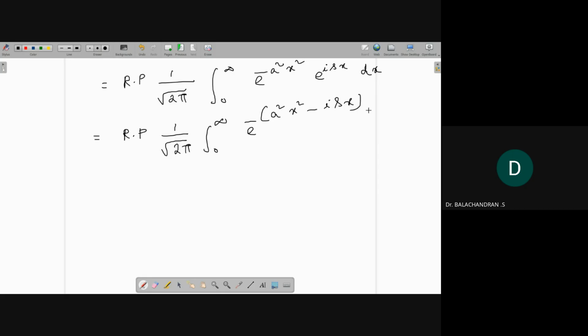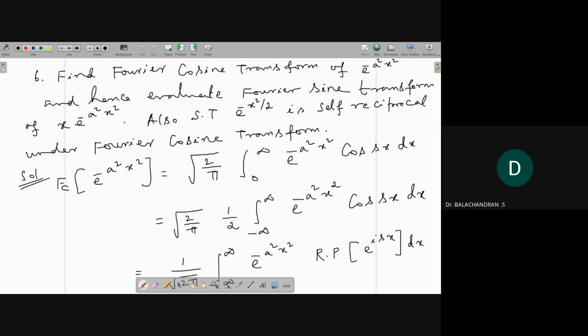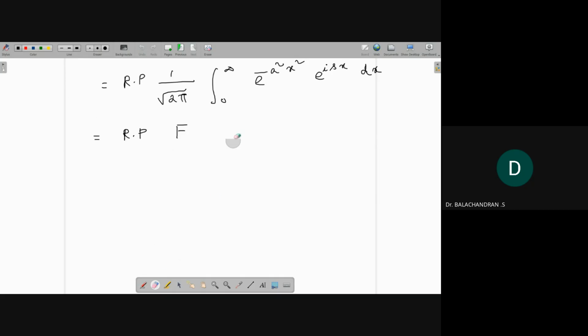I think there is no need to write this step; it is nothing but the previous step. What is the limit here? I think minus infinity to plus infinity. I made a mistake here; the limit is from minus infinity to plus infinity.